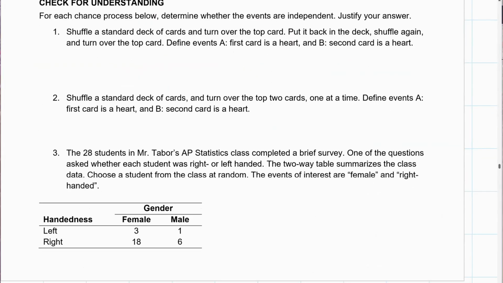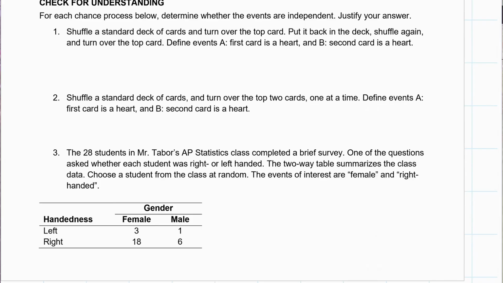Are these events independent? Shuffle a standard deck of cards and turn over the top card. Place it back into the deck, shuffle again, and turn over the top card. Define events: A, first card is a heart. Event B, second card is a heart.